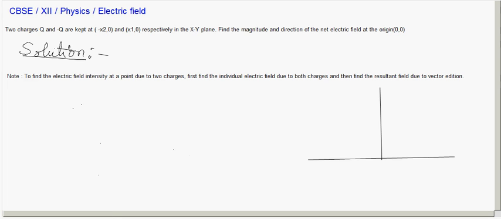This is the origin 0, 0, and one charge is at minus x2, 0, and the other point is x1, 0. Now you have to find the total electric field at origin O.